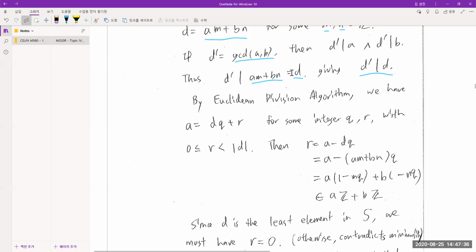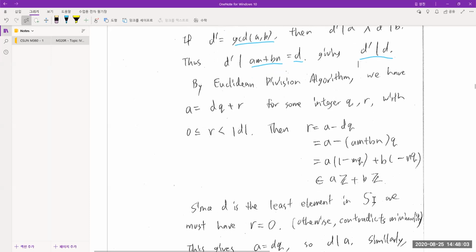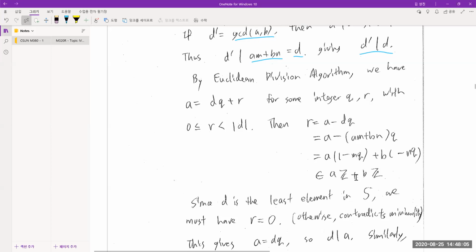In particular, D is an integer linear combination of A and B. So write that integer linear combination down. Then we can factor the A out of this, so that A times (1 minus Qm). Then the remaining part is B times the integer minus Qn. So this remainder is also in the form of AZ plus BZ.